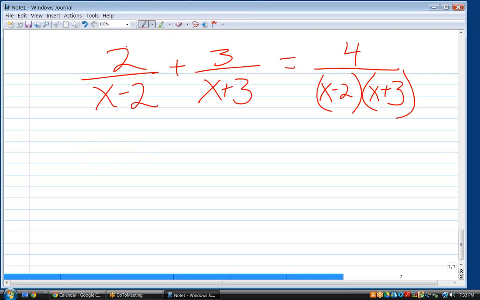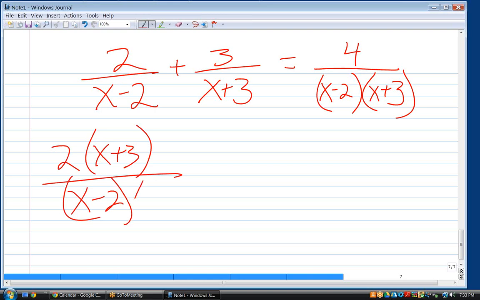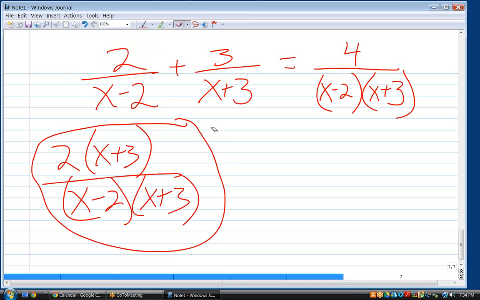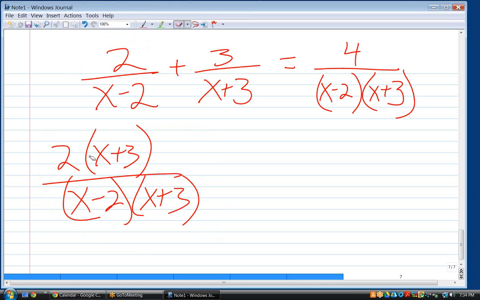In other words, this is going to be 2 times x plus 3 over x minus 2 times x plus 3. Right? In other words, this term right here is the same as this term right here, but only with the parentheses is it the same. Well, now when I remove the parentheses, this becomes 2x plus 6.